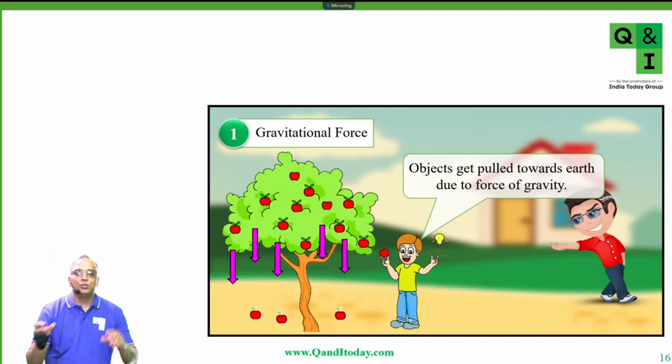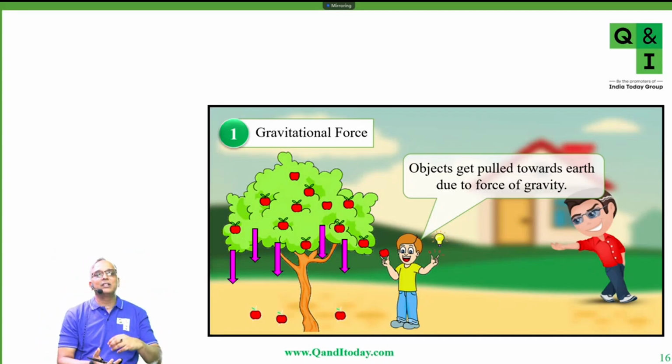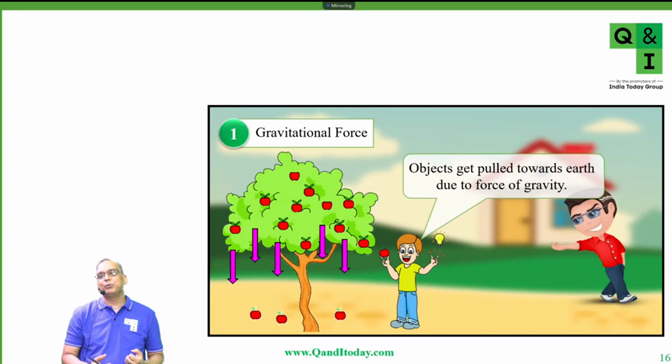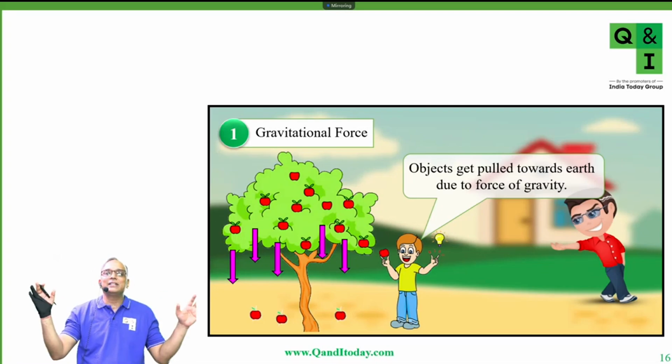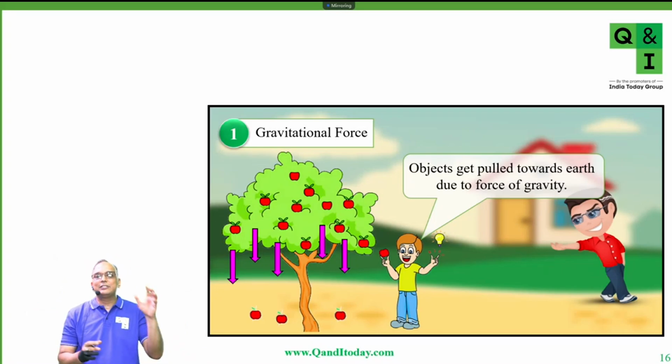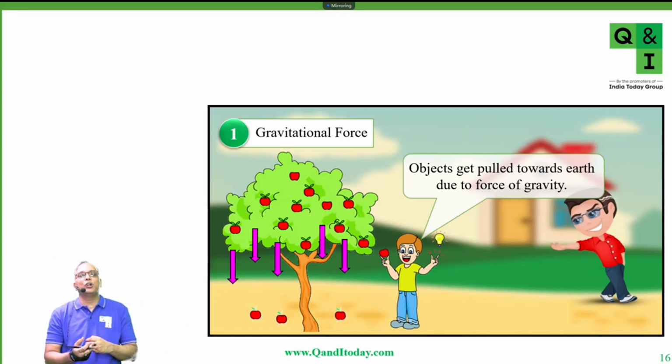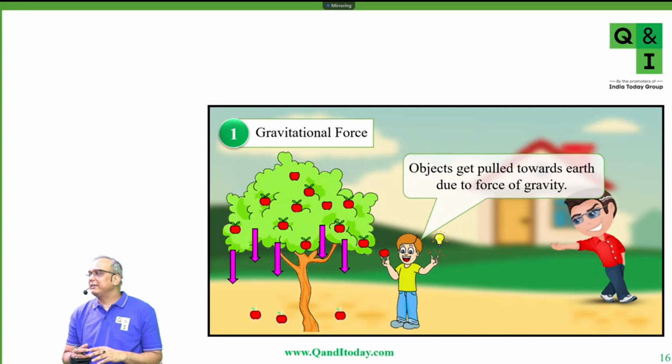But you see the objects moving downwards towards the earth because the mass of the earth is very huge, and that's why the force is also very high, and that's why it pulls it down. So when the earth pulls any object towards itself, that force is called force of gravity. And when there is a force between any two objects, it is gravitational force in general. One specific case, when earth is pulling the body towards itself, is force of gravity. Is it clear to everyone?